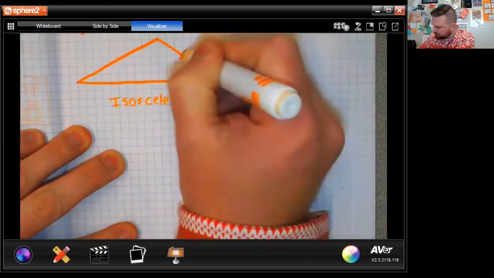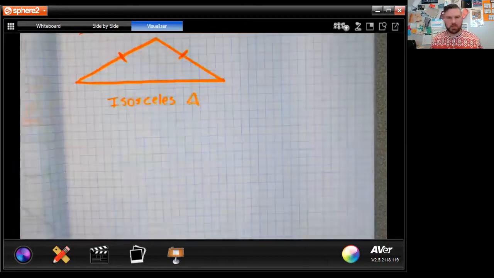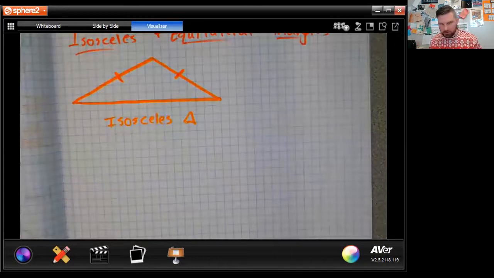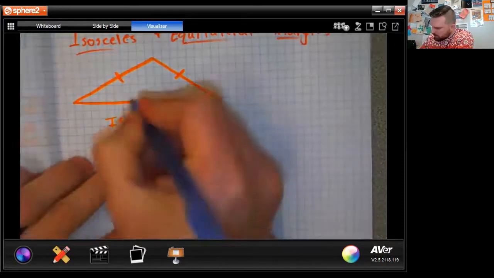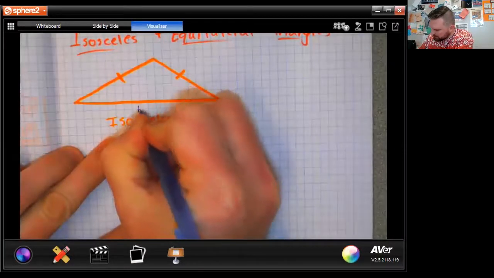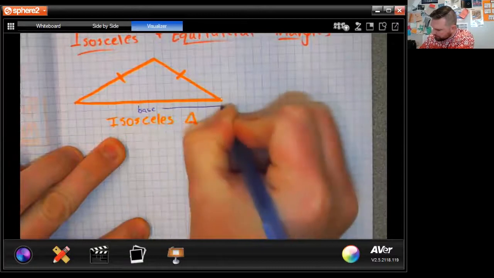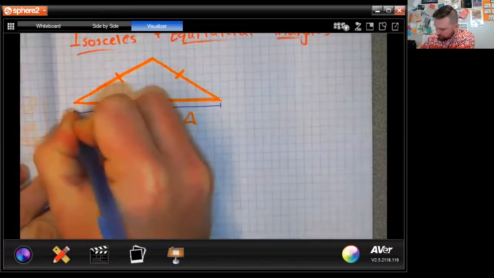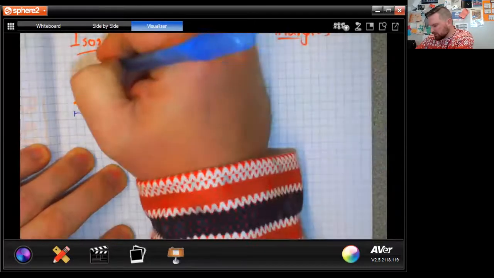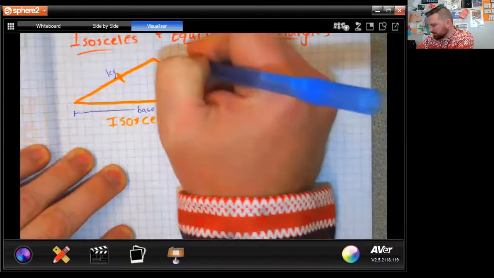You have two sides that are the same, and that is what defines an isosceles triangle, two sides being the same. We have certain parts here. The side that is not congruent is noted as the base, and the two sides that are the same are noted as the legs.